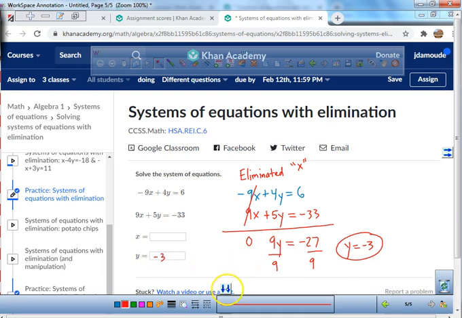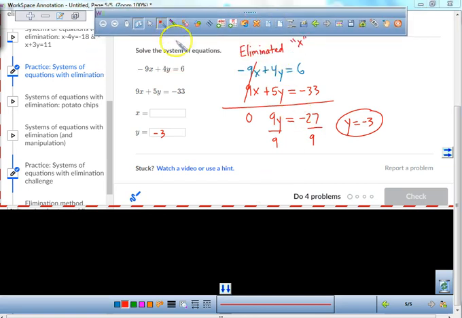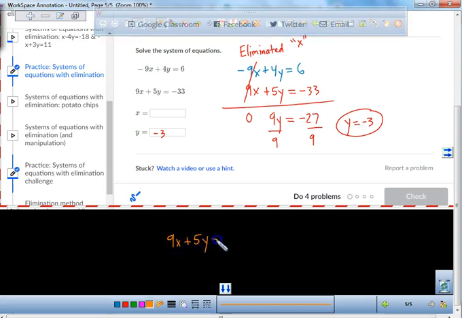So what do you do after you find one answer? Well, now we're going to use the substitution method. You have to choose one of these two equations, either the top or the bottom. I think the bottom equation looks a little neater: 9x plus 5y equals negative 33.